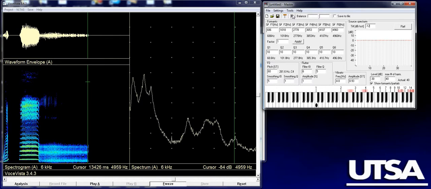Now I'm 54 years old and I've been singing for a long time. And as a man, it's not uncommon that I would probably have a less steep spectral slope than -12. I'd probably have something on the order of maybe -6.